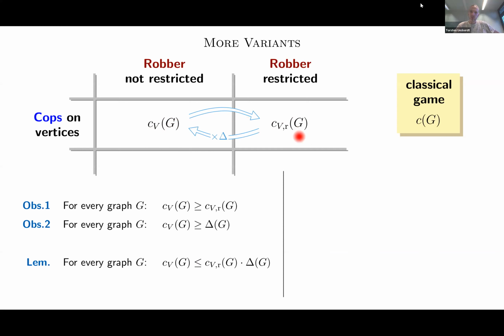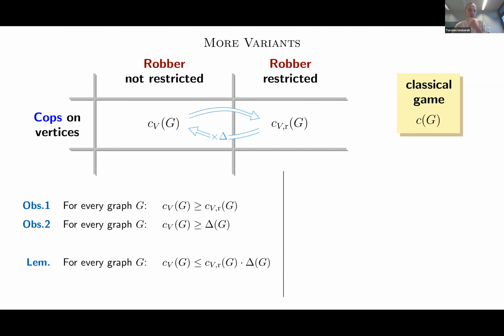And if I have a good strategy here, I can convert it into a strategy here, but I have to pay a factor of delta, at most, maybe. This is my arrow notation. This arrow here corresponds to this observation, this inequality, and this arrow here corresponds to this lemma, this inequality. Okay.